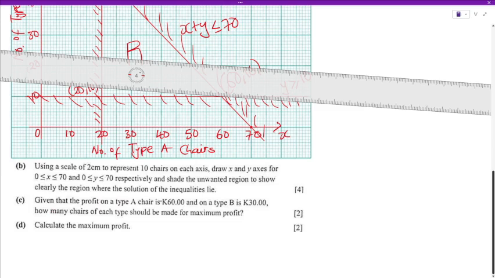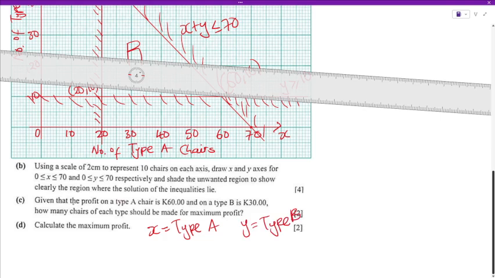And then we can proceed to the next question, which is saying, given that the profit on type A share is 60, so type A is represented by x, and then type B, y represents type B. So type A, what are they saying?